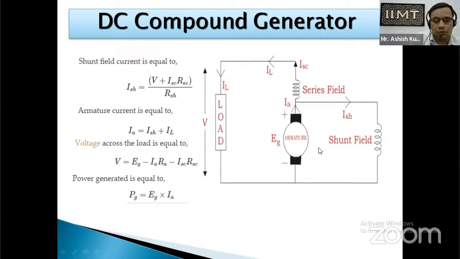The voltage across the load we can easily calculate by using the formula generated voltage minus the voltage drop across the armature winding, that is IARA drop, and minus the voltage drop across the series field winding, that is minus ISC RSC. So power generated at the armature is equal to Eg into Ia, while power delivered to the load is equal to V into IL.